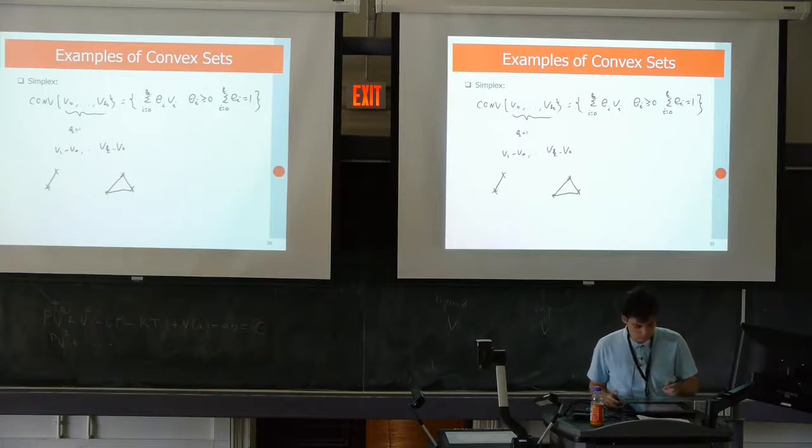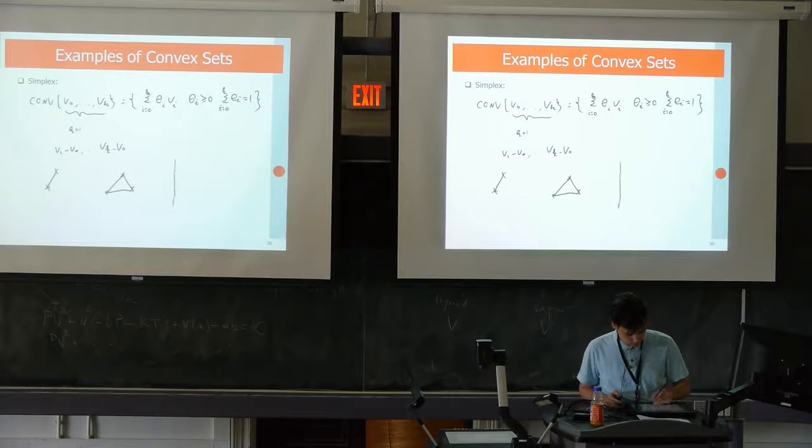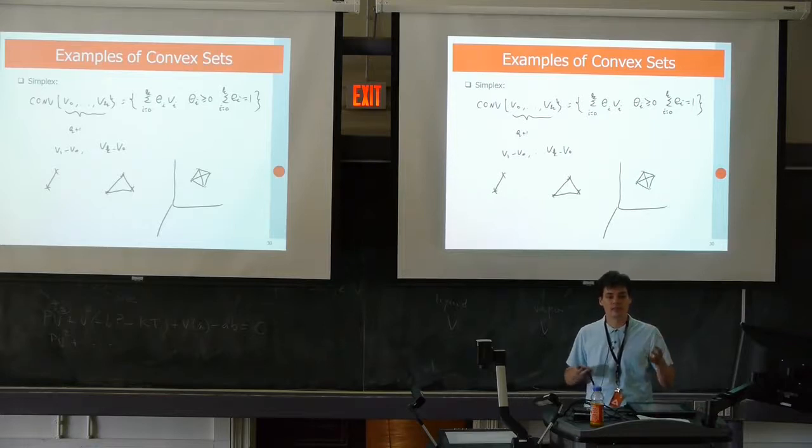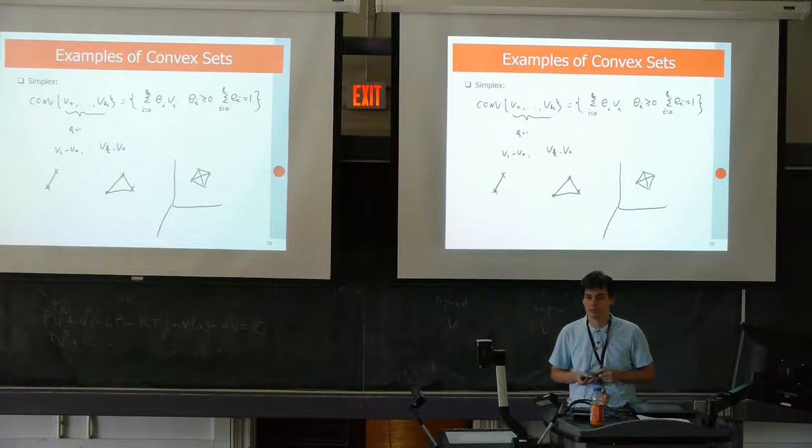And for the three-dimensional simplex, you have 4 points in three-dimensional Euclidean space, and it's just the convex hull of those 4 points. Okay, so the important thing is that those 4 points should be in general position. They cannot be in a hyperplane.